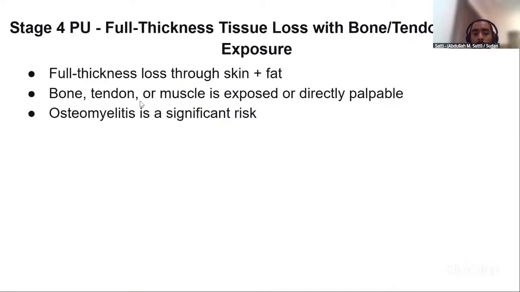If you see bone or tendon or muscle, this means that this is stage 4, and this is full thickness loss of soft tissue. The skin has already been breached, the subcutaneous tissue has already been breached. Now the muscle and the other structures are visible, and there is a risk of osteomyelitis in these patients.